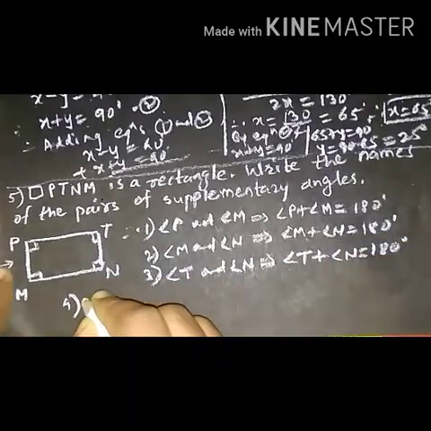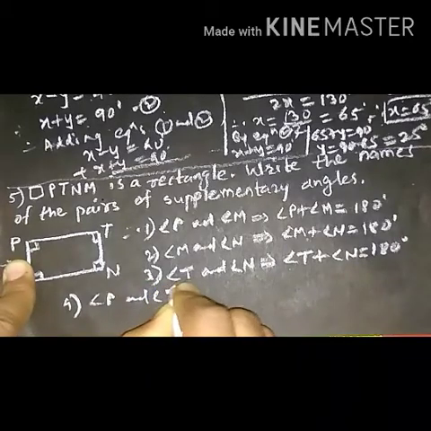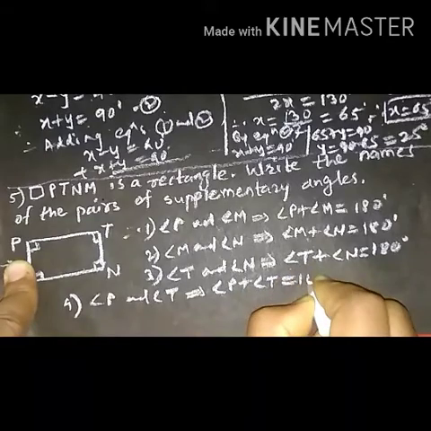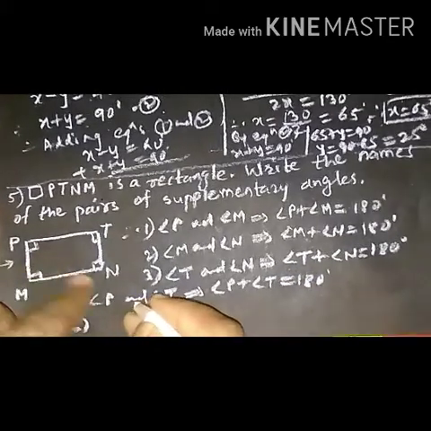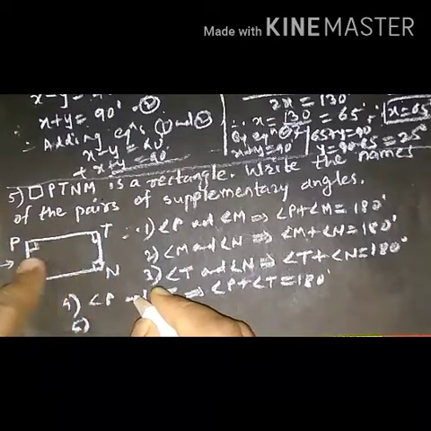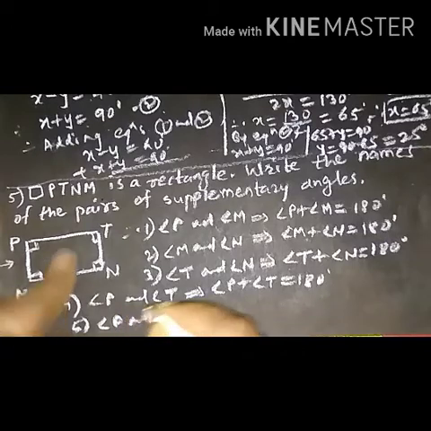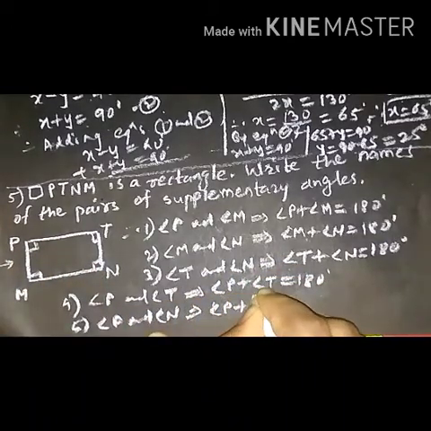Now the fourth pair, angle P and angle T, that is angle P plus angle T is equal to 180 degrees. Next pair, angle P is 90 degrees, angle N is also 90 degrees, so we can take these two angles, angle P and angle N. Their addition is equal to 180 degrees.